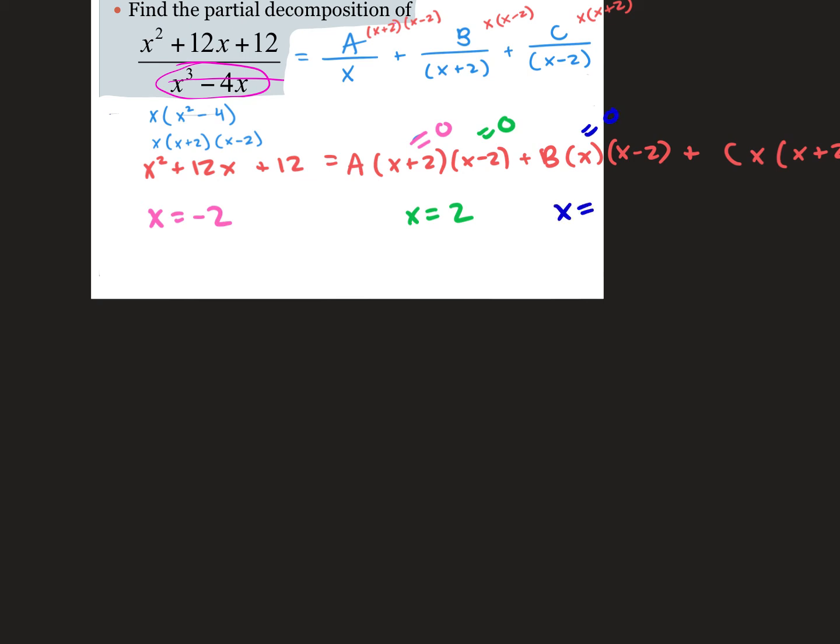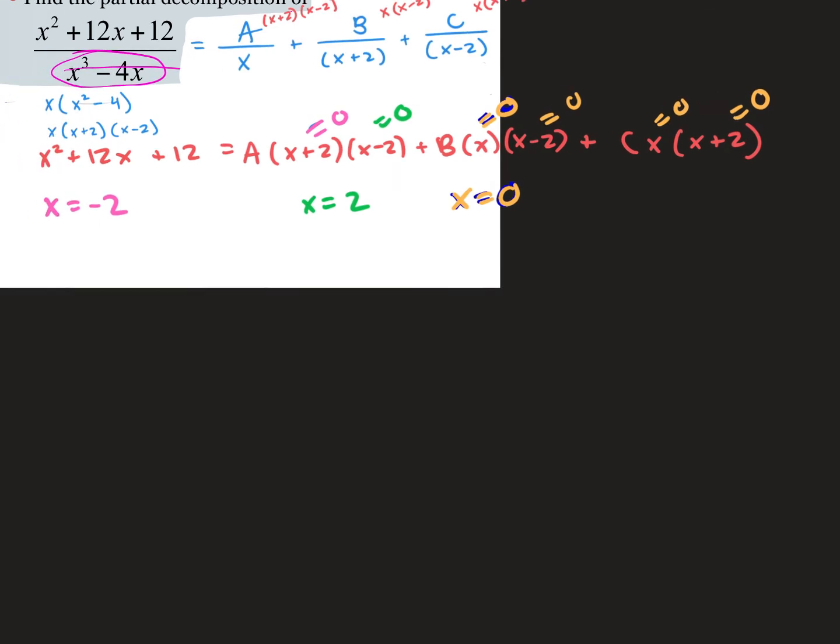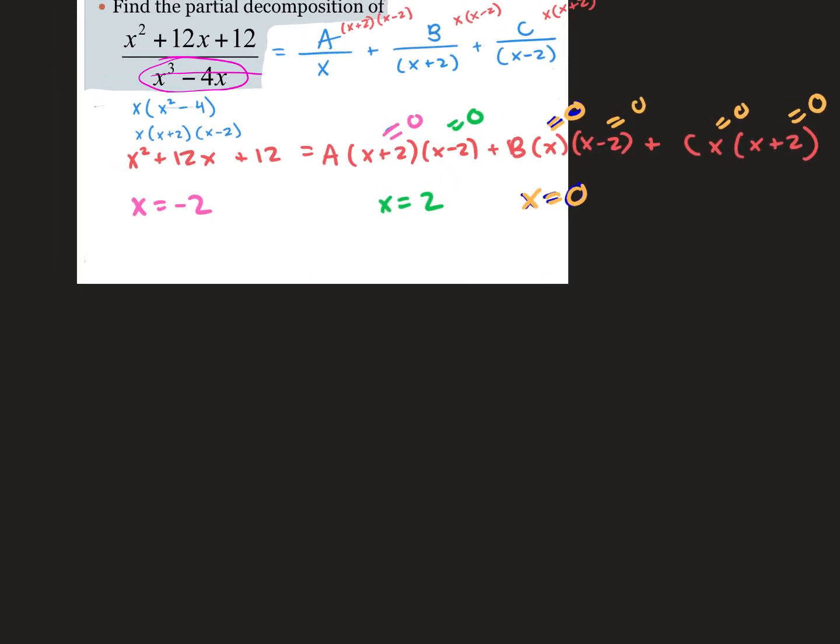So x is equal to 0. And then if we keep going, this one, x is going to be equal to 2 again. We already have that. This one, x is going to be equal to 0. We already have that. And then this one, x is going to be equal to -2. We already have that. So we're going to plug in all three of these. So let's start with x is equal to -2.